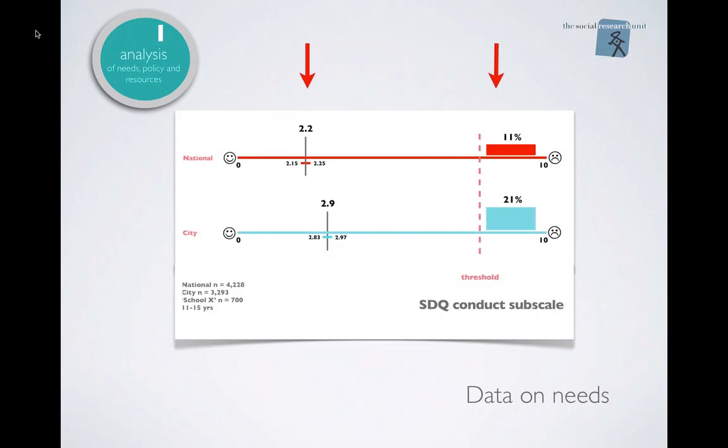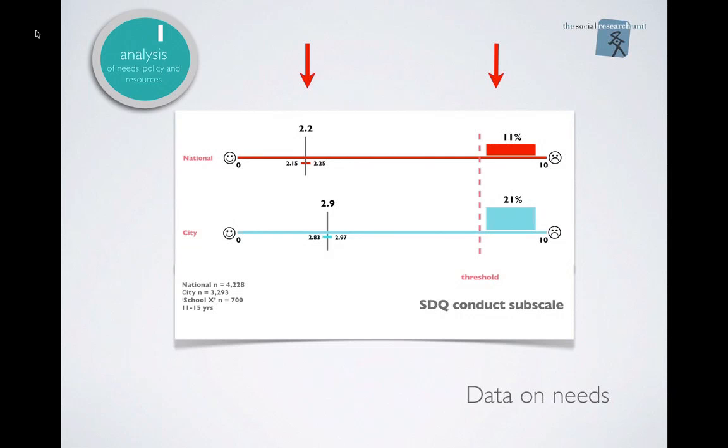Armed with such data, you can begin to think about how much change is possible and what this would take. For example, halving the rate of conduct problems might be over-optimistic, certainly over a short period, but perhaps with a portfolio of evidence-based programs and over a couple of years, it could be reduced to much nearer the national figure.